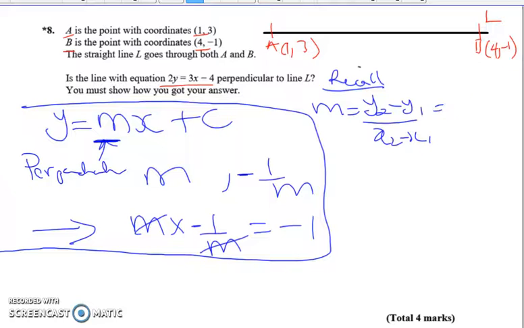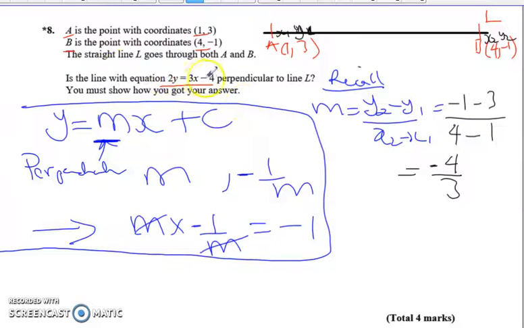We'll just substitute our values: -1 minus 3 over 4 minus 1. Remember, you can choose whichever is your x1 and x2 and y1 and y2. Therefore, we have -4 over 3 as the gradient of L.